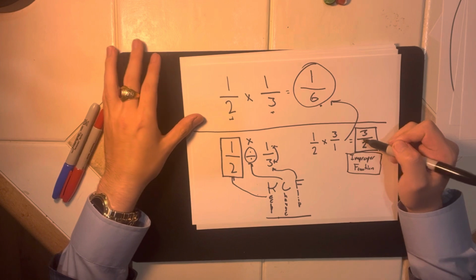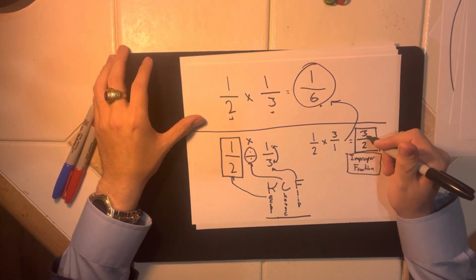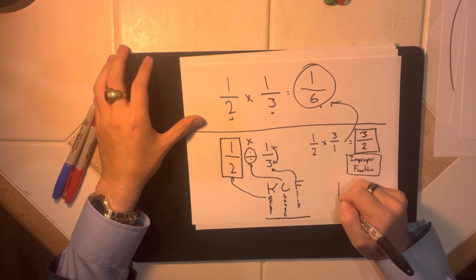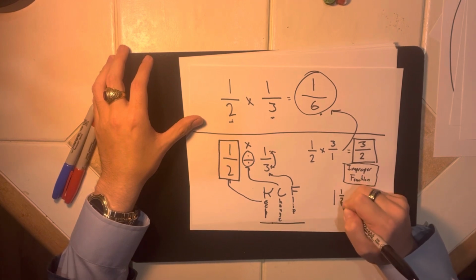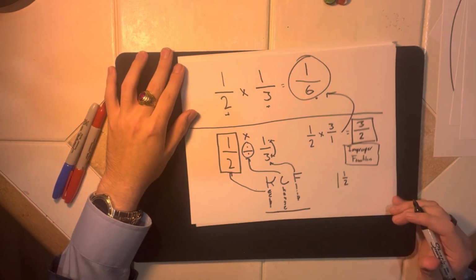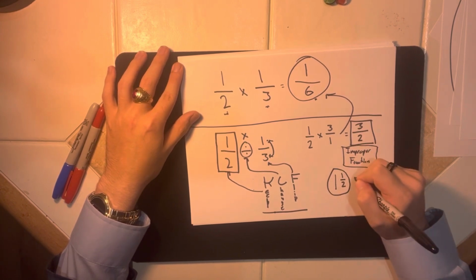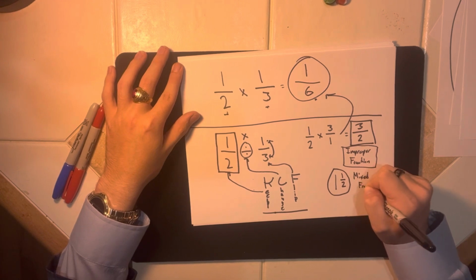So, kind of like how you get a remainder when you divide long ways. We take 3, divide it by 2, and we get 1, and what we have left is a 1/2. Just like that. That is going to be our mixed fraction.